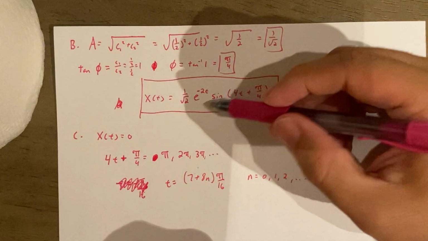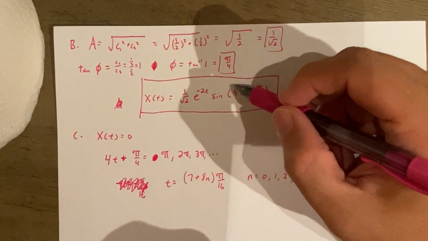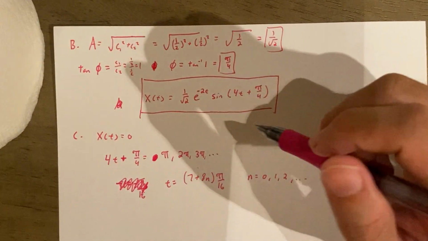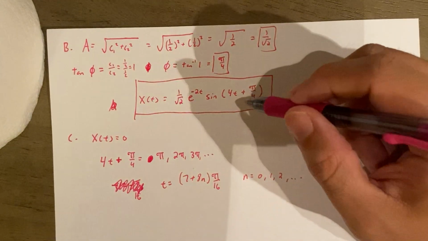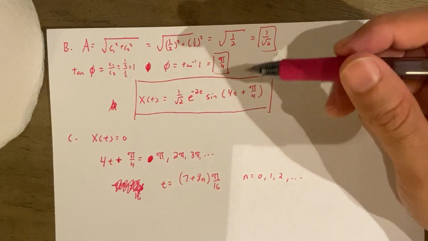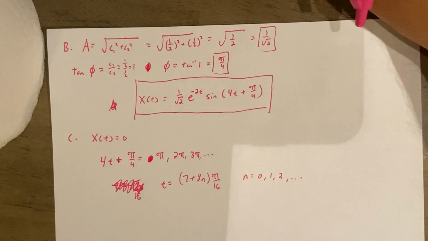Now, to express this in terms of sine, the term in front of the sine we're going to keep is e to the negative 2t. That's the only thing that's different. You just keep that leading term e to the negative 2t in front.